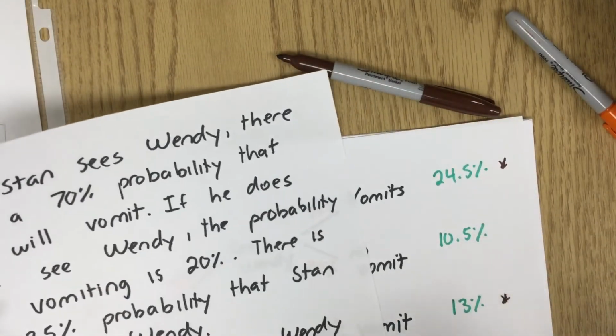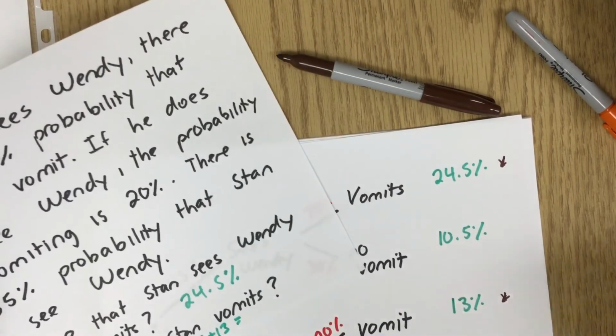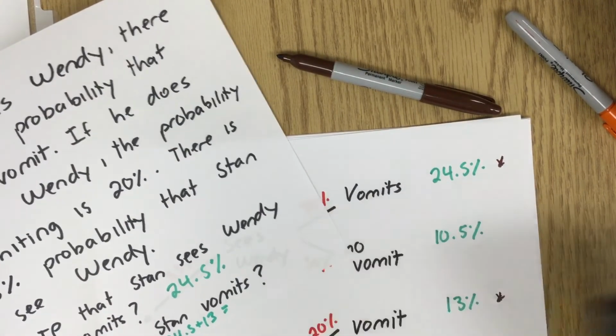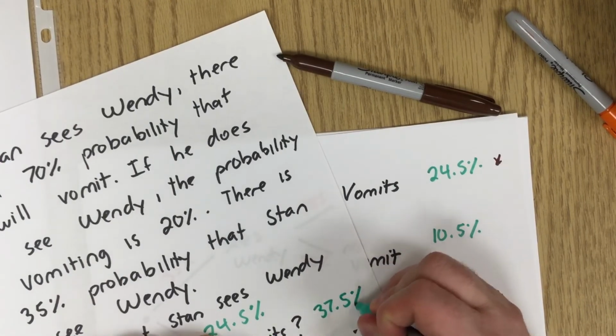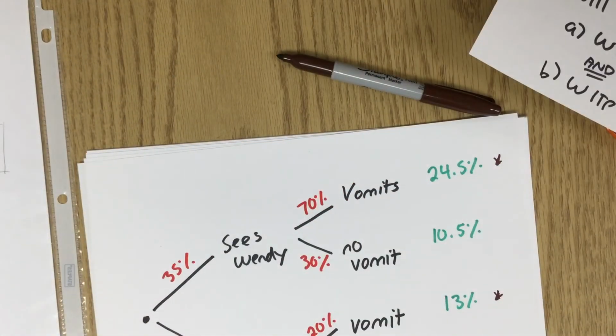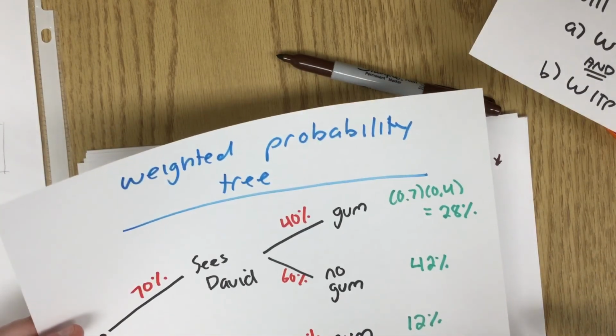So that's going to be 24.5 plus 13, which is going to be 37.5%. And that is it.